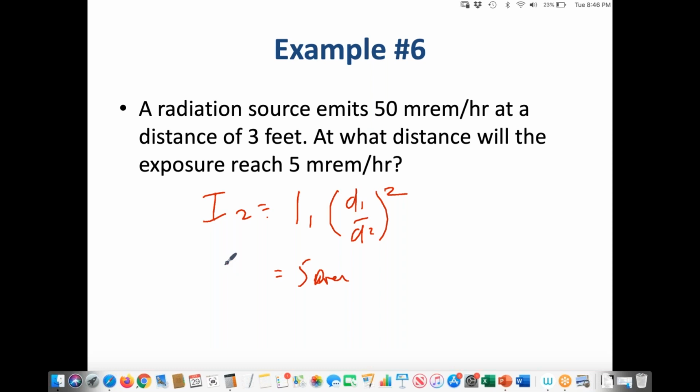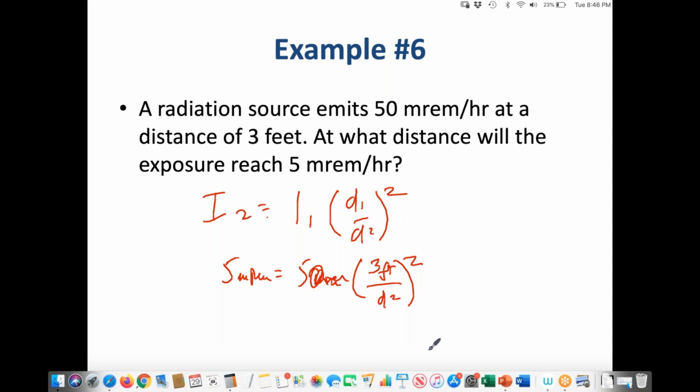And we want the final exposure to be 5 millirems. So I1 is 50, I2 is 5, and the initial distance is 3 feet. And the final distance is what we want to know. Did I have them all straight there? Initial distance, final distance. Yep, I got that right.